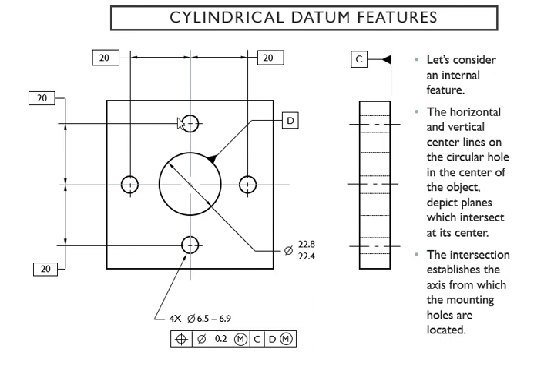And this is also a tolerance for those 4 circle holes right there. Your intersection is going to give you this axis, and of course your holes are all relative to that axis. The axis can rotate without affecting any of the datum features.